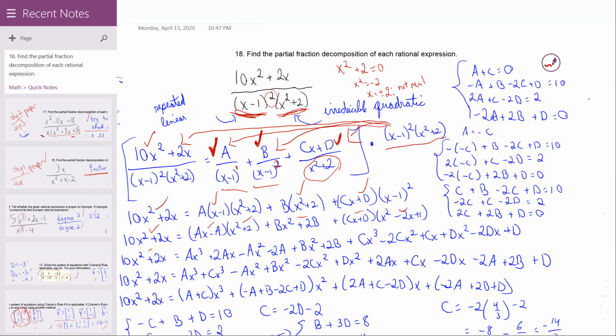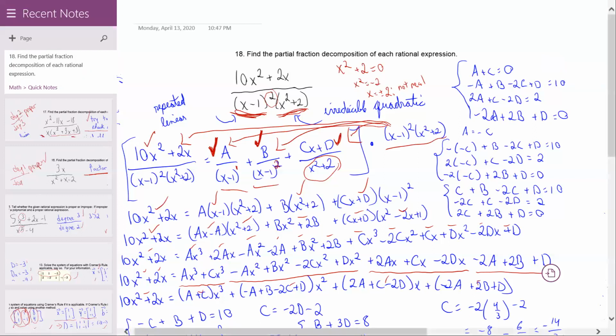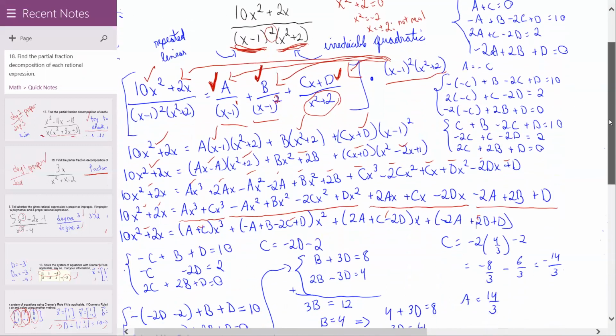And I'm still distributing in this step, it took a second, but you're free to pause and look at my work. Here I split them up, so I put the x cubes together, I put the x squareds together, I put the x's together, and I put the constants together. And then I factored out the x cubed, the x squared, the x, and the constant, which means now we are left with several equations.